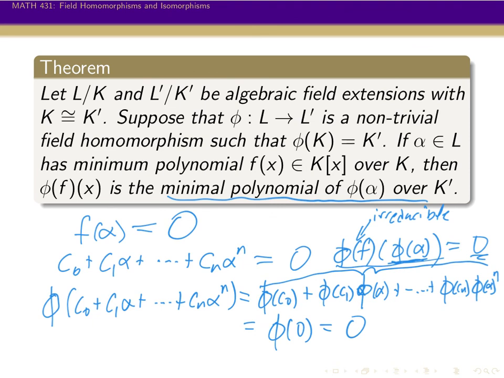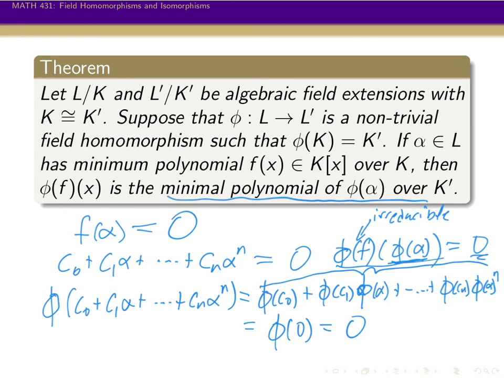Okay, and so the important fact coming out of this is that through a field homomorphism, any algebraic element is going to be sent to another algebraic element that is the root of the same minimal polynomial, or the minimal polynomial having gone through phi.